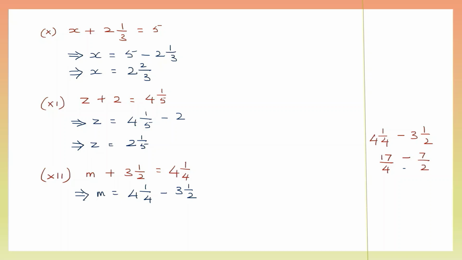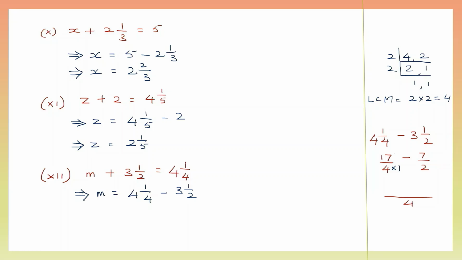Now we need to find the LCM of 4 and 2. Let's do that. 4 and 2, find the LCM. Starting with 2, 2 2s are 4, 2 1s are 2, then 2, 1 and 1. So the LCM is 2 into 2, which is 4. So let's use 4 and get our new numerators. Now this denominator 4, we have to multiply it by 1 to get the LCM, isn't it?